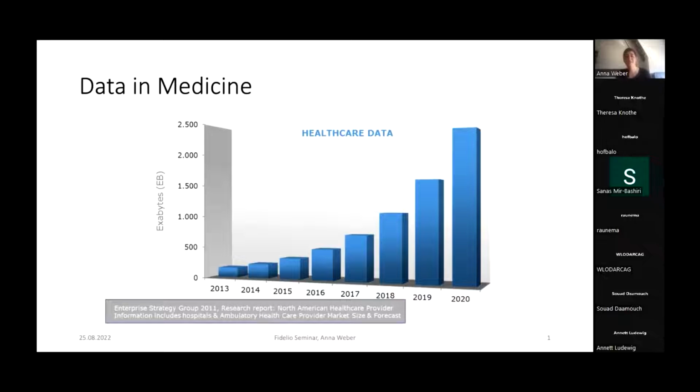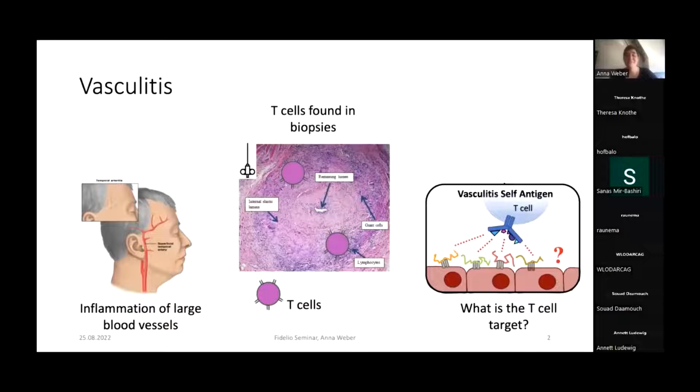But it also means that biologists really need to learn new techniques and new ways of working and thinking to deal with this. Yeah, and I find it a super interesting intersection of fields.